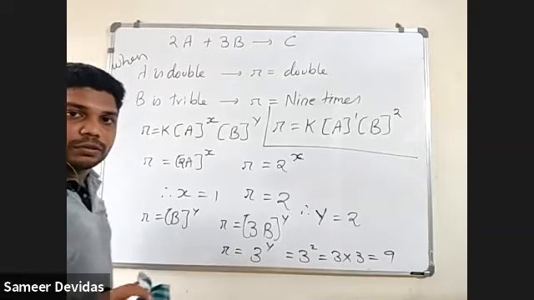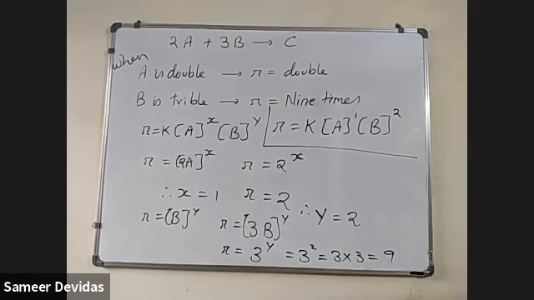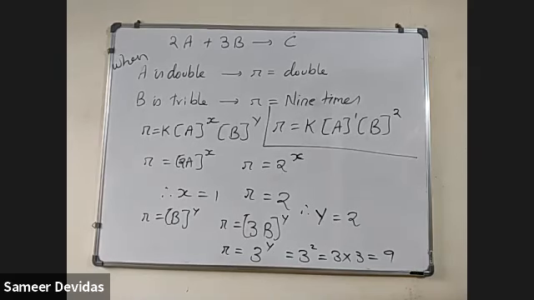Have all understood this, students? Any doubt you have on rate law? Okay. So if I directly give you one chemical reaction, can you write the rate law of that? See my question: if I have given you only a chemical reaction, can you write down the rate law of that?